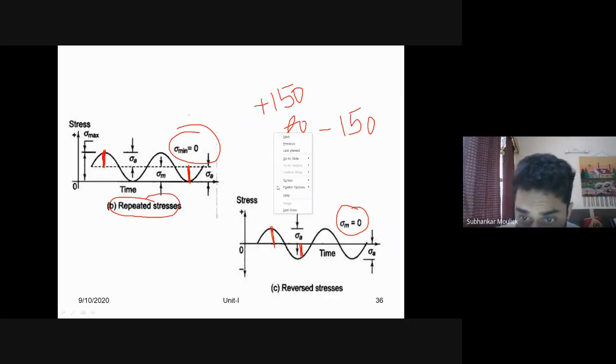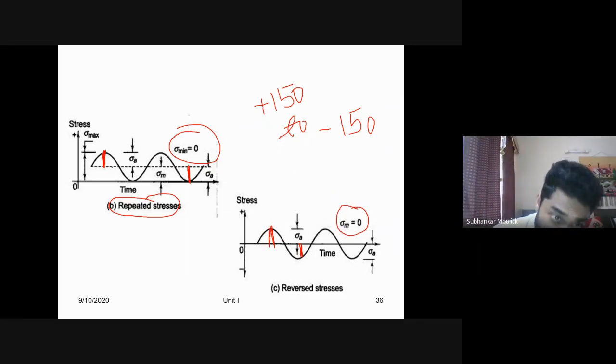And what is the value of amplitude stress? We measure amplitude stress from the mean line. Since in reversed stress the mean line coincides with the time axis, this is my mean line, and this is the maximum peak.